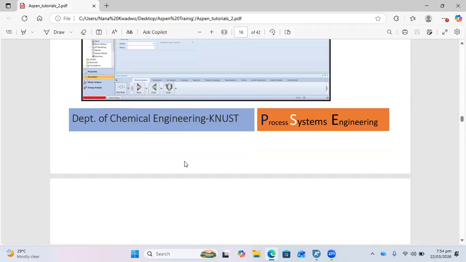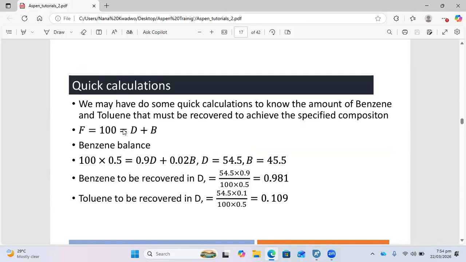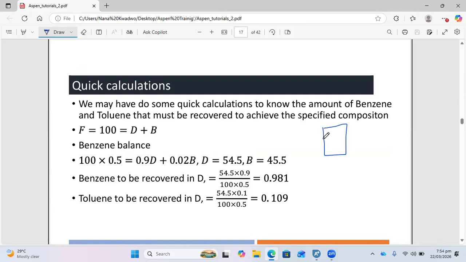Yes. So we have our feed equal to 100 kilomole per hour. That should be equal to the distillate plus the bottom flow rates, right? So this is our overall balance. Then we can do a balance for benzene. If this is our column, we have our feed, then we have our distillate, and then we have our bottoms.